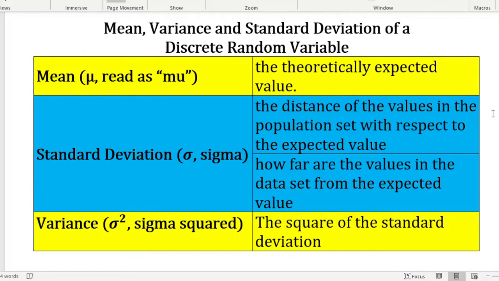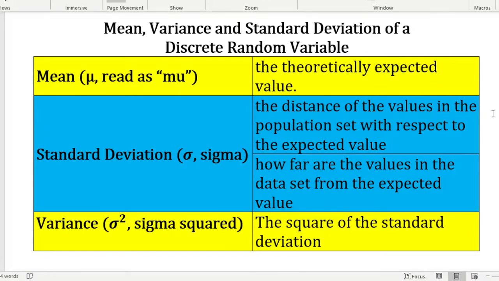It is also important that we understand the concept of a mean, a standard deviation, and a variance. Mean refers to the theoretically expected value, and it is represented by the Greek letter mu. The standard deviation is represented by the lowercase Greek letter sigma, and it refers to the distance of the values in the population set with respect to the expected value.